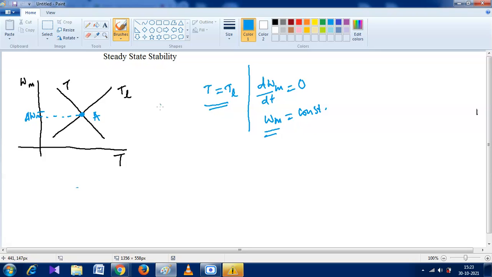Suppose you have increased the speed by delta omega m, and you have to check now if the motor load is back to A point. If after increasing the speed, the motor load system is back to A point, then we can say A is a stable equilibrium point. And if the motor load system is not back to the A point, then we say this is an unstable equilibrium point.